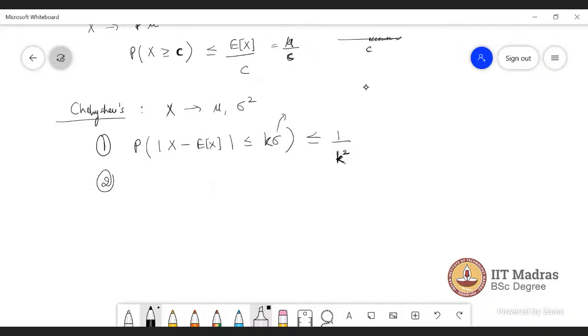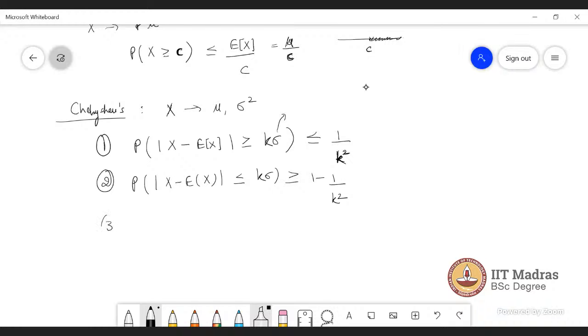The second form that we can write is the probability that mod of x minus expectation of x is less than or equal to k sigma is greater than or equal to 1 minus 1 upon k square.